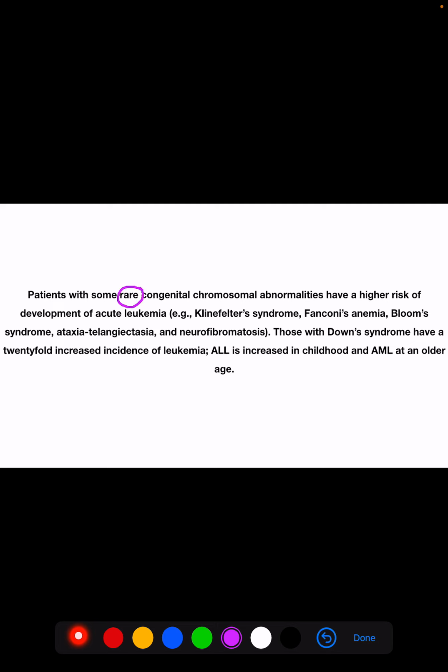Rare congenital chromosome abnormalities carry a higher risk of acute leukemia, so you have to remember them: Fanconi's anemia, ataxia telangiectasia, Bloom's syndrome, Klinefelter syndrome, and neurofibromatosis. Patients with Down's syndrome have a 20-fold increased incidence of leukemia.